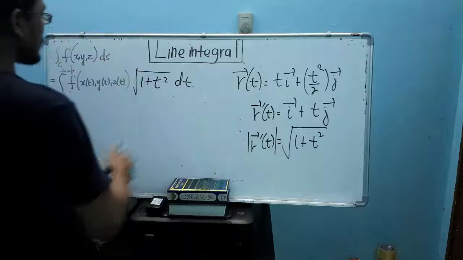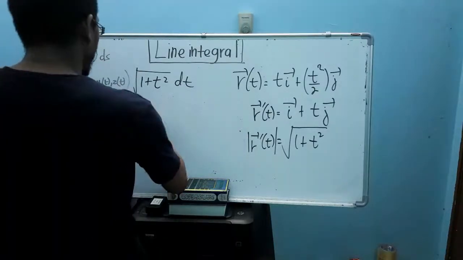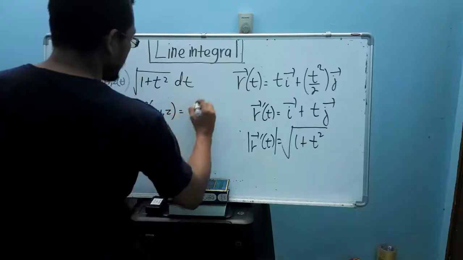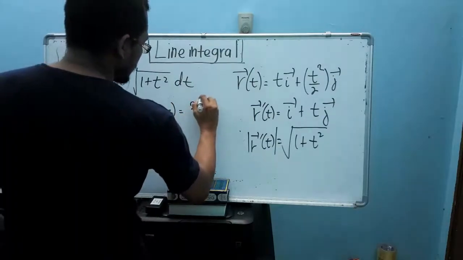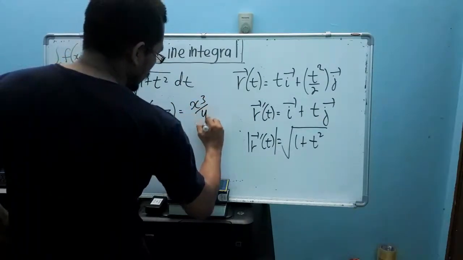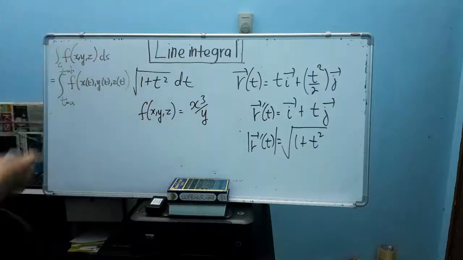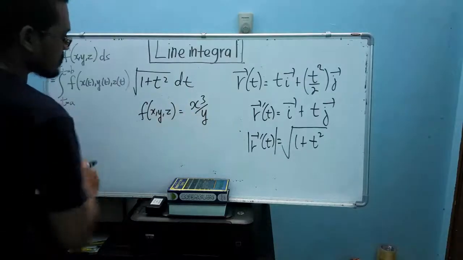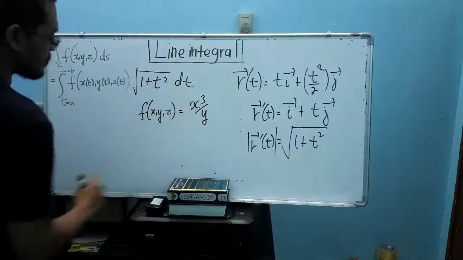What is our function? f(x, y, z) is x cubed over y. Since my function doesn't depend on z, it's okay.